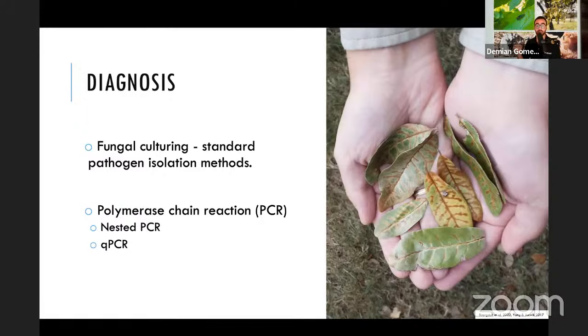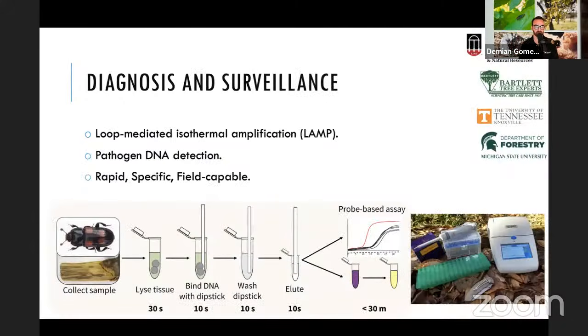However, it's very important to understand that depending on how we conduct that PCR, with different conditions, different primers, and all the little details, we can get different results, right? Different diagnostic labs across the US will do different things, but most of them do a combination of culturing with molecular methods. So just be aware of these details if you need to get a confirmation for oak wilt.